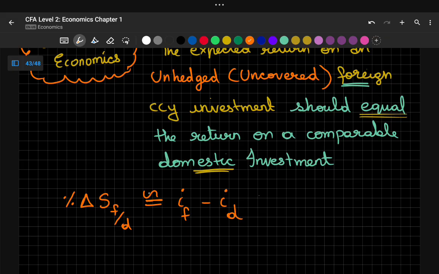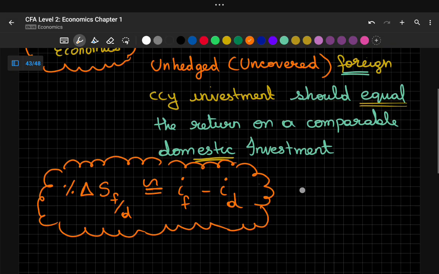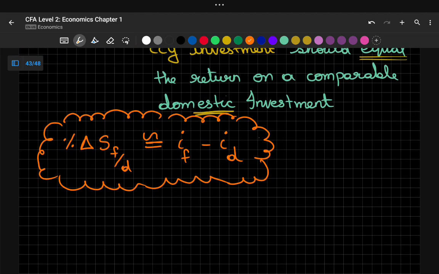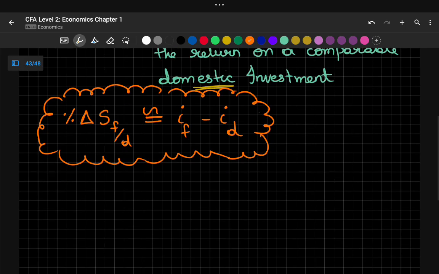This is the approximate symbol. As per our curriculum, this is the equation that we would be using. It means that the change in spot market rate should be approximately equal to the interest rate differential between both the currencies.